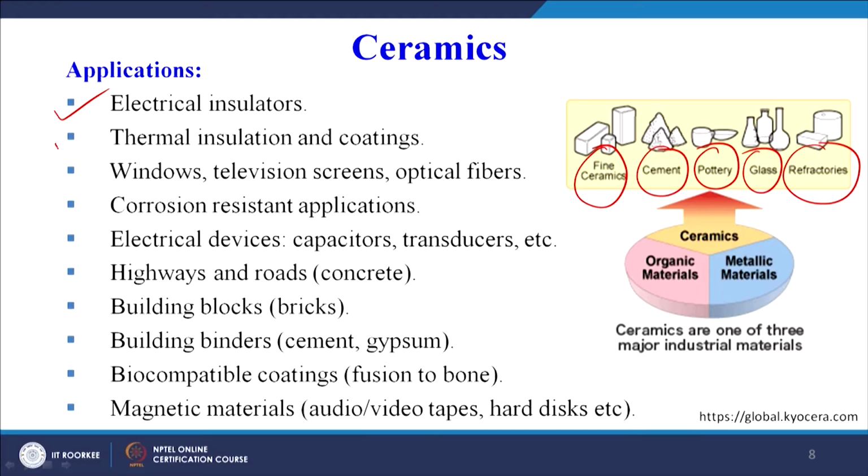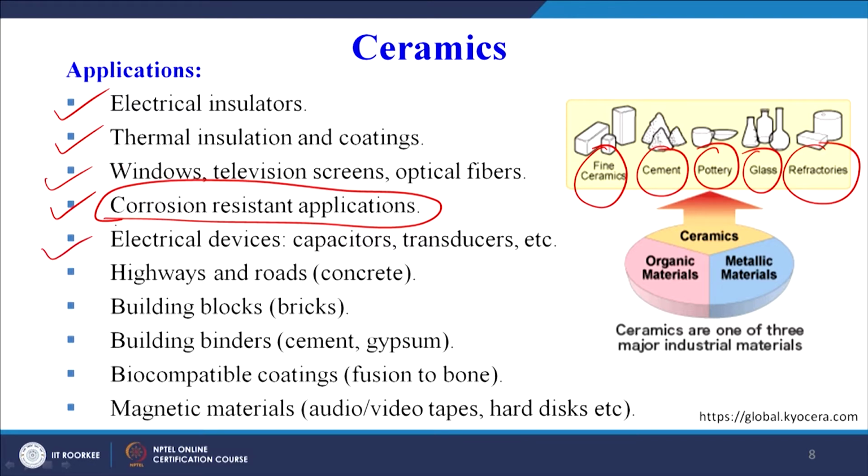Thermal insulation and coating is another application because they are poor conductors of heat also. Glasses are used in windows, television screens, and as optical fibers. As they have resistance to corrosion, they are used for corrosion resistant applications.